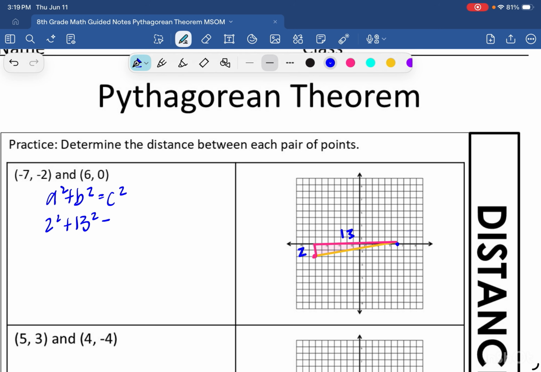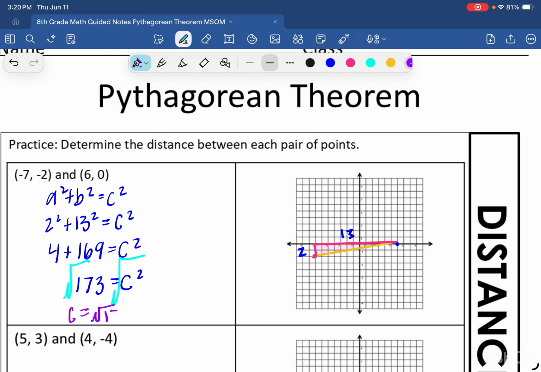Plugging those into the formula, 2 squared is 4, 13 squared is 169, and that gives me 4 plus 169 is 173, which equals c squared. So taking the square root of that on both sides, I get that the length c equals the square root of 173, which is about 13.2 units.